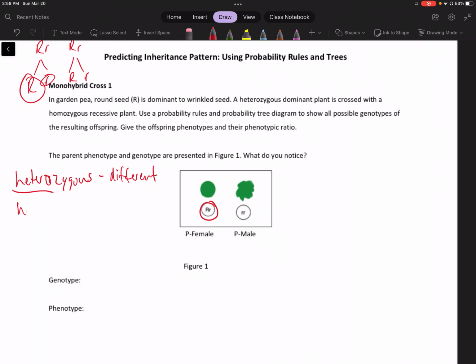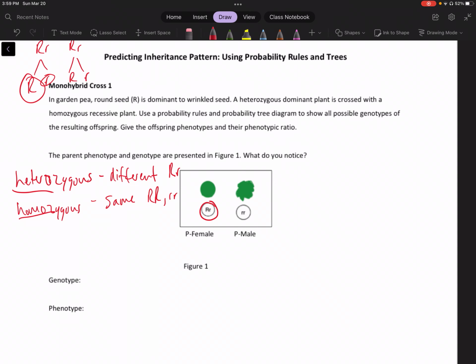And homozygous, or the prefix homo, means same. So heterozygous is going to be a dominant allele and a recessive allele every time, because it's different. Homozygous, or homo same, is either going to be both dominant or both recessive.